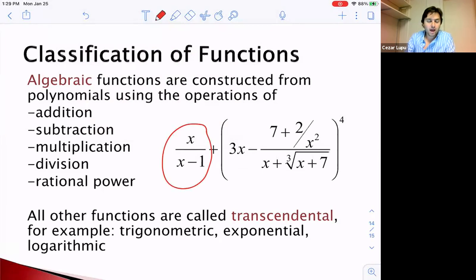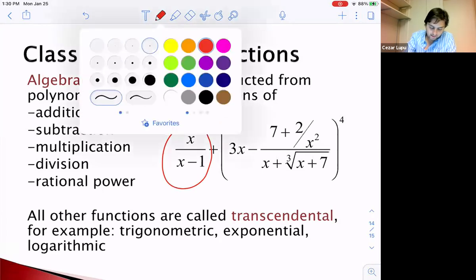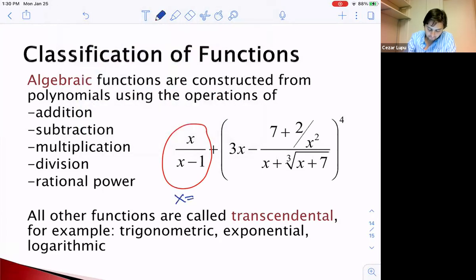You just have x over x minus 1. Here, you need to make sure that the bottom is not 0, so you will impose that x is different than 1. You'll need to take care of this.